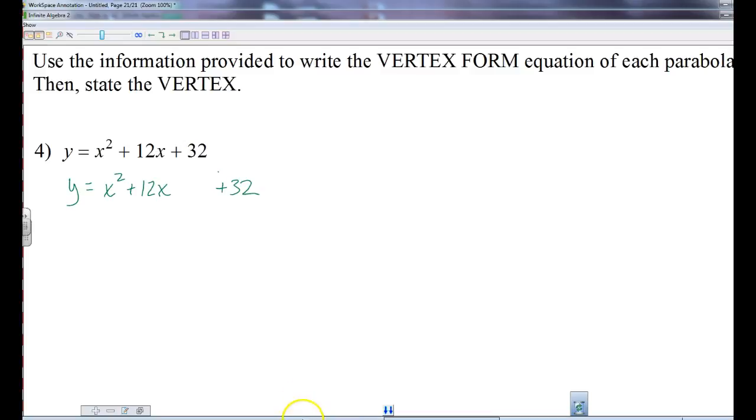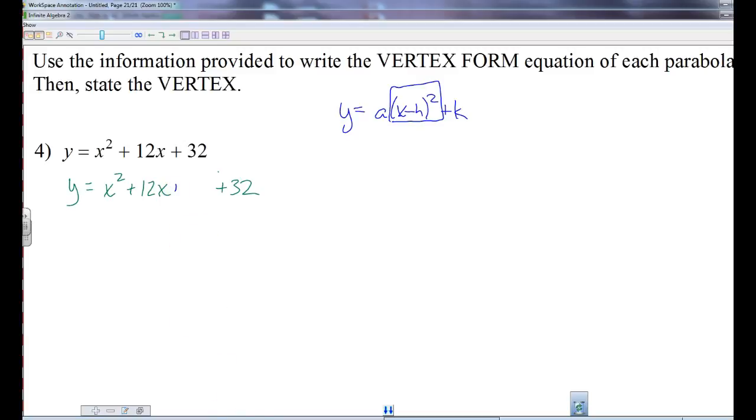Now, since I'm trying to get this into vertex form, and we know vertex form is y equals a, x minus h squared plus k, I'm looking to make this part, this x minus h squared. Well, we know how we can get something that looks like that by getting a perfect square trinomial. So let me ask you to remember this.